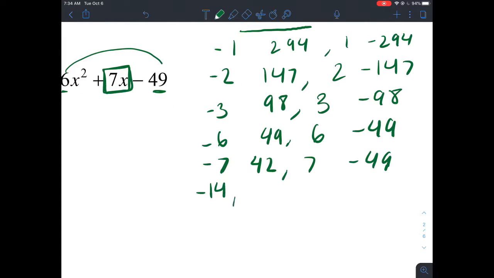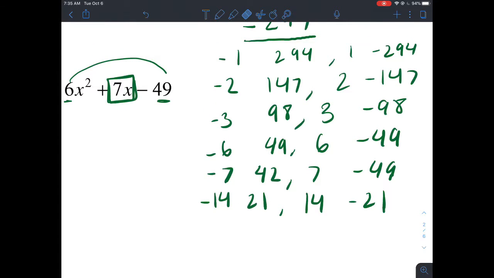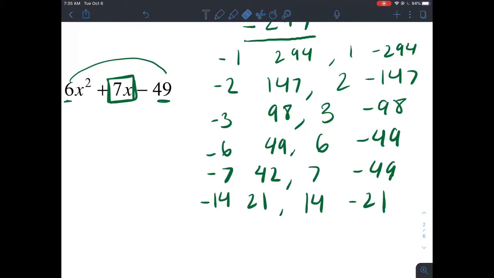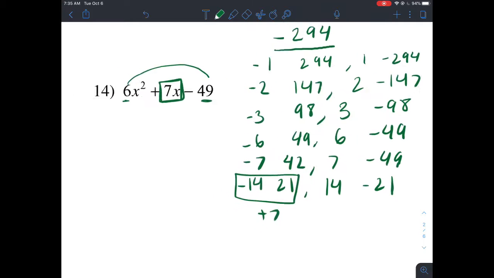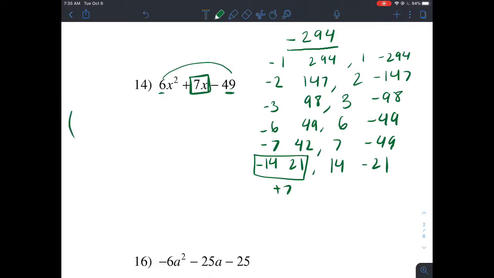But 14 does. All right, we could do negative 14 and 21. Or we can do positive 14 and negative 21. All right, so let's take a look. Does that work? Well, this guy's looking pretty promising. We could go ahead, add these up, and we get a positive 7. So those are going to be our numbers.